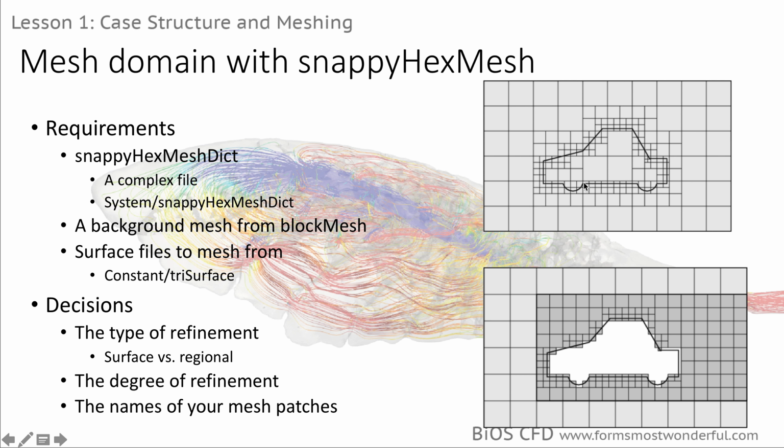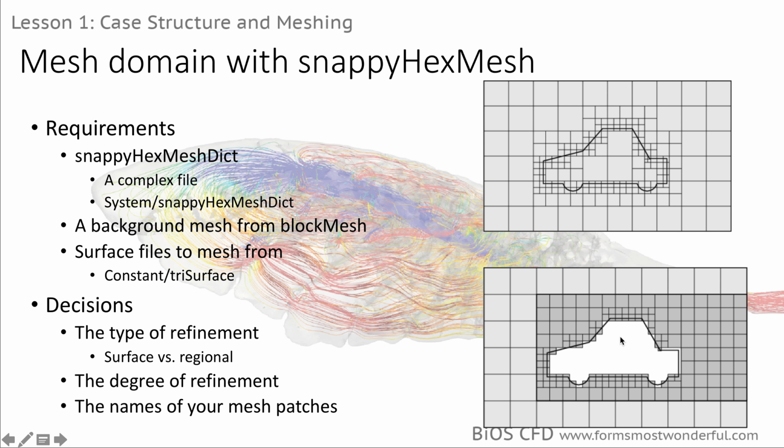Basically, these pictures on the right show how snappyHexMesh works. This gray bigger box is a two-dimensional version of your background mesh, and the outline of the car represents the outline of the surface files you're uploading. snappyHexMesh will take that file, those edges, and refine the mesh, splitting the mesh elements that are near your edges to get the detail of the shape.